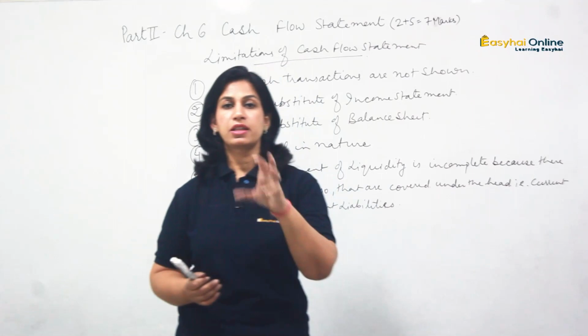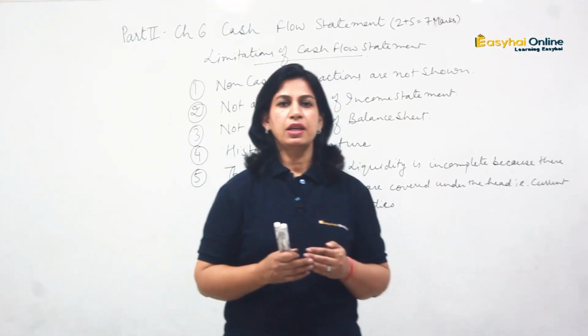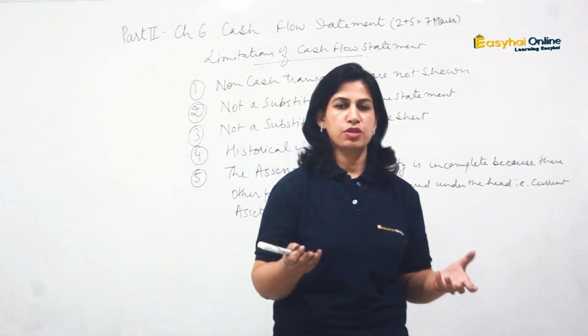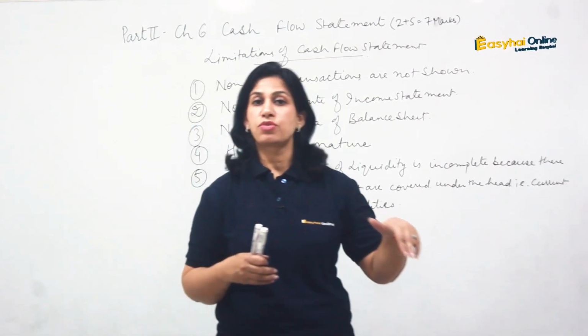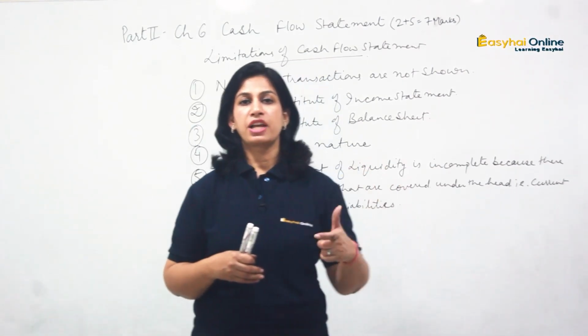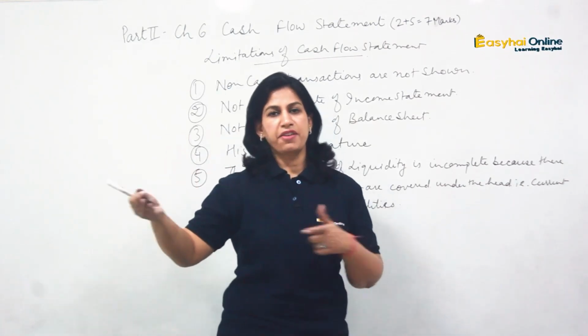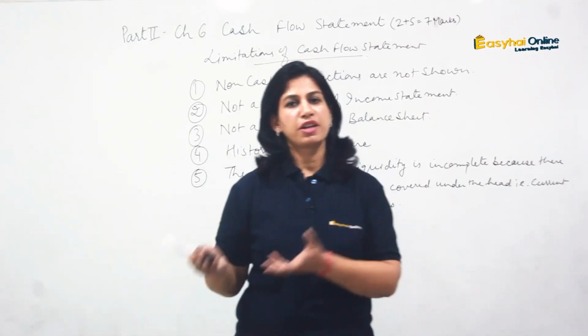To prepare a cash flow statement of a company, the accountant needs to have the income statement and the balance sheet. Okay, so he is picking up data from there. What if that data is wrong? If those financial statements are incorrect, the result definitely will be incorrect, right? If your question is incorrect, the solution definitely will be incorrect.